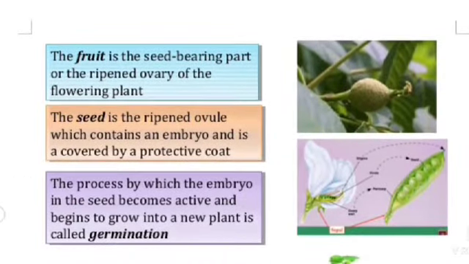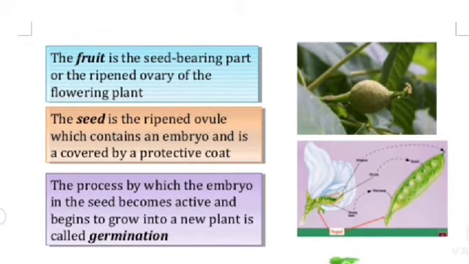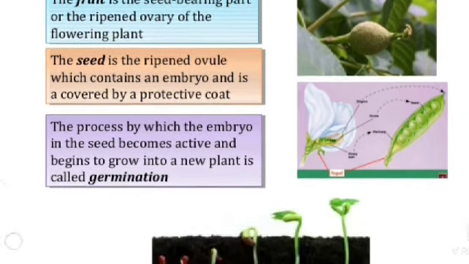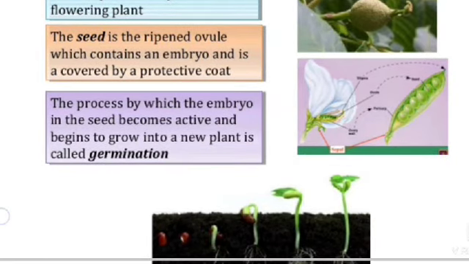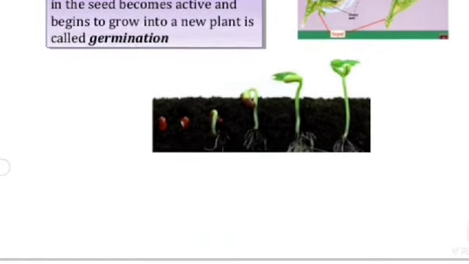The fruit is the seed-bearing part of the ripened ovary of a flowering plant. The seed is the ripened ovule, which contains an embryo and is covered by a protective coat. The process by which the embryo in the seed becomes active and begins to grow into a new plant is called germination.